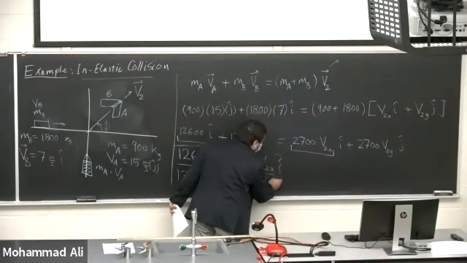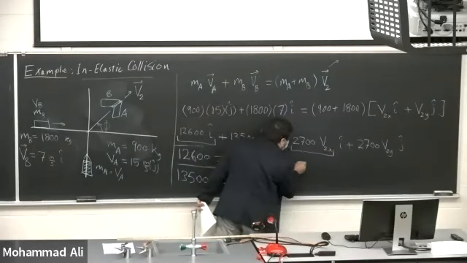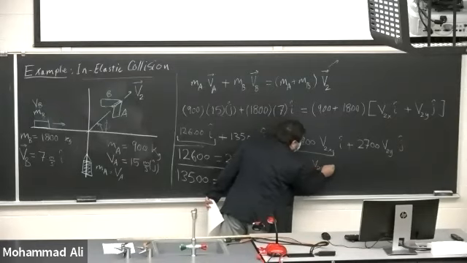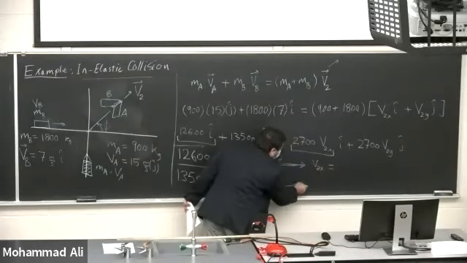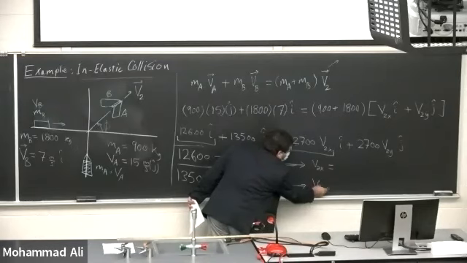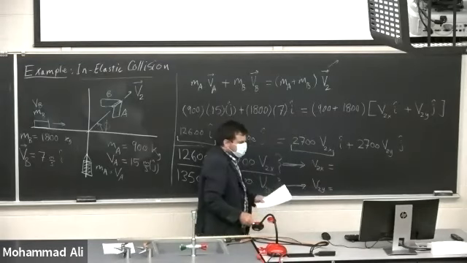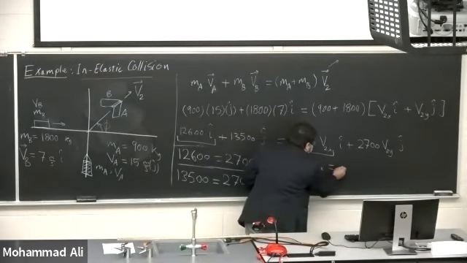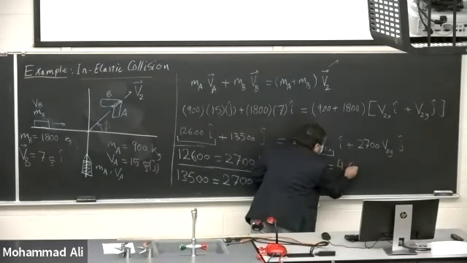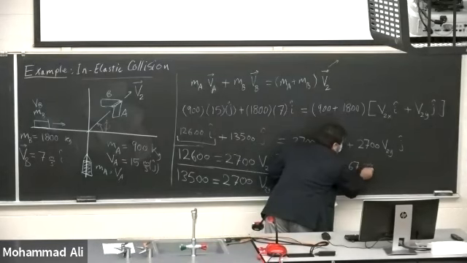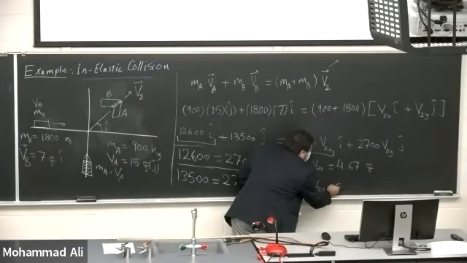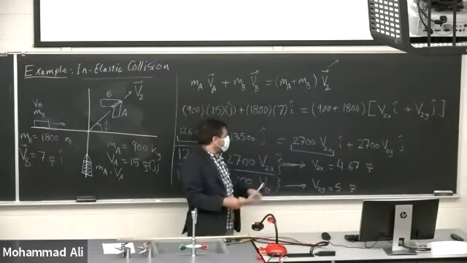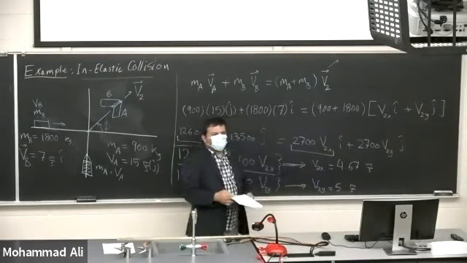From these two equations, we can find V2 in the x direction and V2 in the y direction. V2 in the x direction is 4.67 meters per second, and the y direction is 5 meters per second.